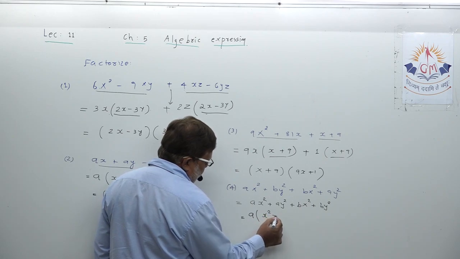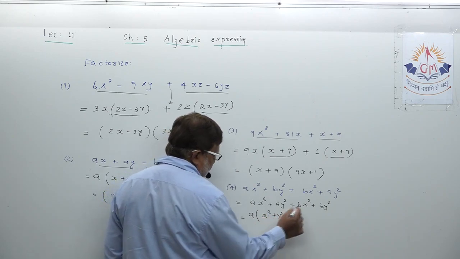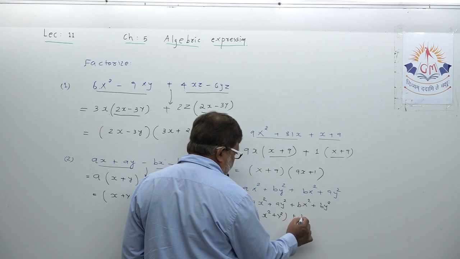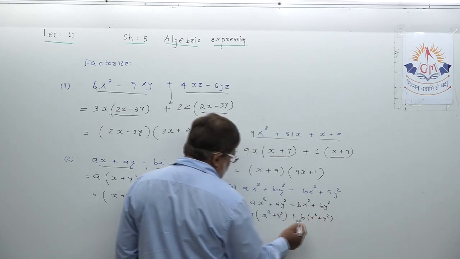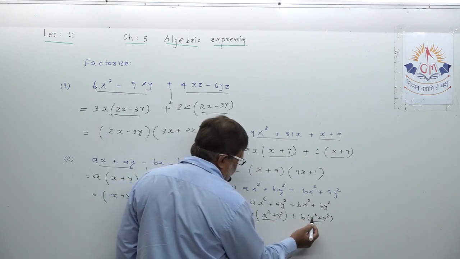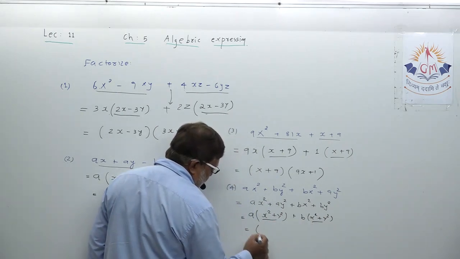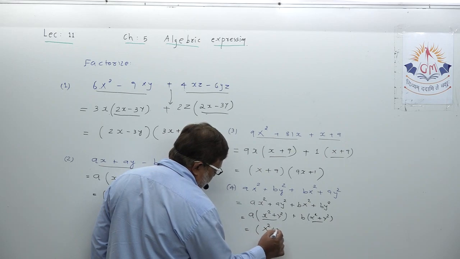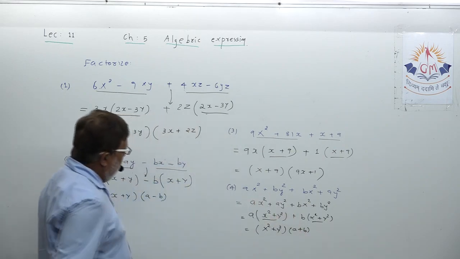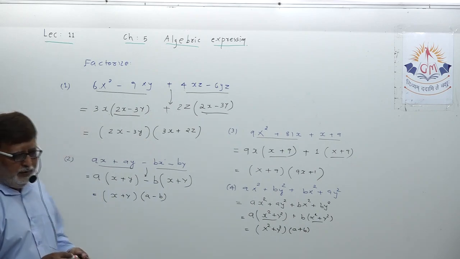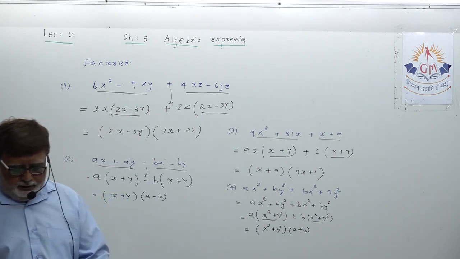What is left? x square plus y square. What is common in the second group? b. x square plus y square. You got a common bracket, x square plus y square. Let us take it out as common and a plus b is left. This is called, dear student, compound factorization.